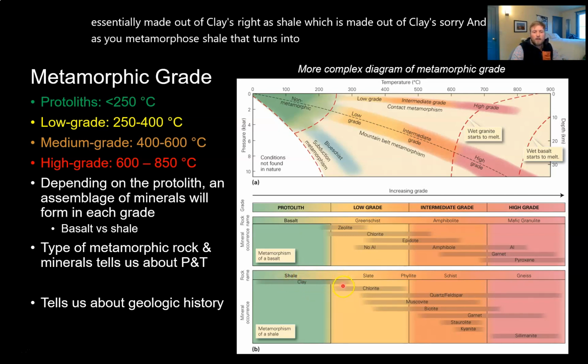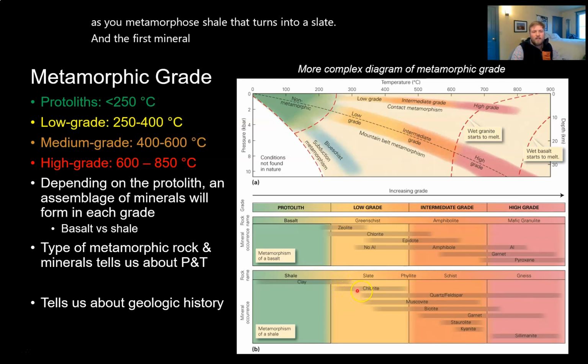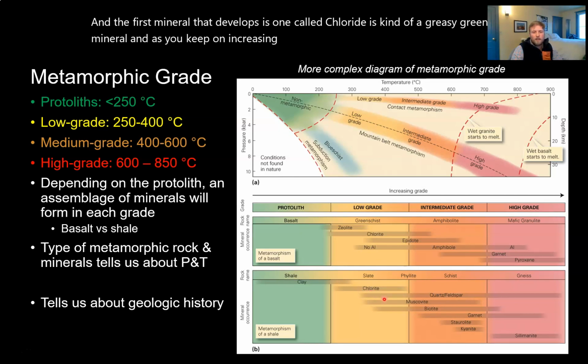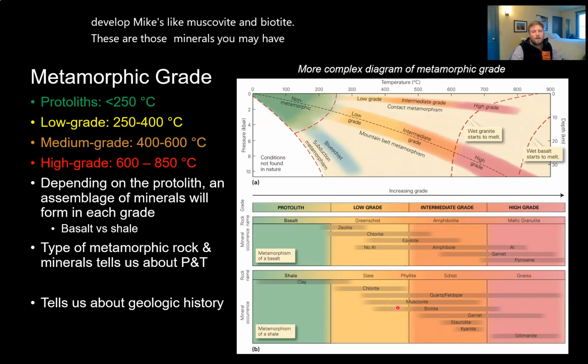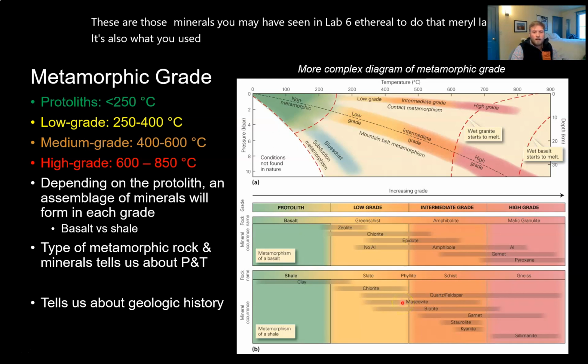And the first mineral that develops is one called chlorite. It's kind of a greasy green mineral. And as you keep on increasing the metamorphic grade, you begin to develop micas like muscovite and biotite. These are those sheety minerals you may have seen in Lab 6 if you were able to do that mineral lab. It's also what we used to make glitter out of.